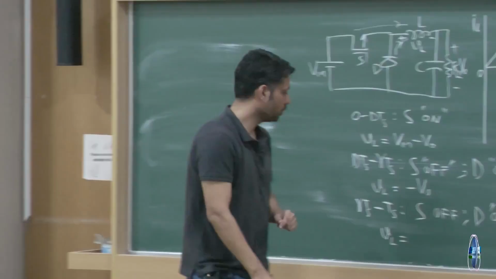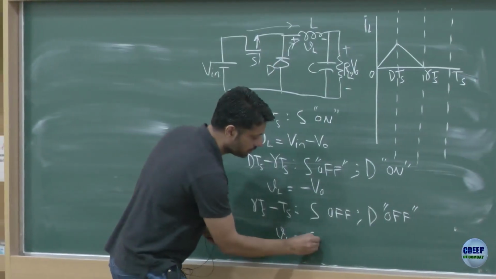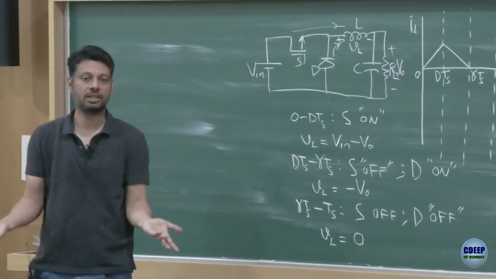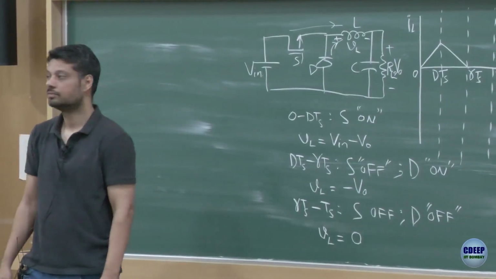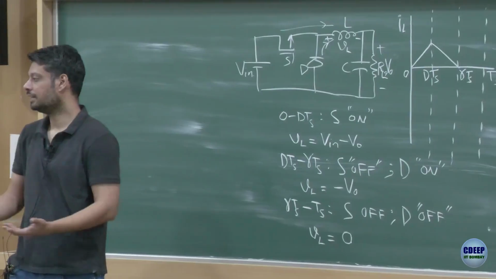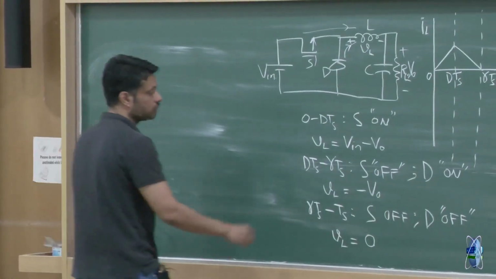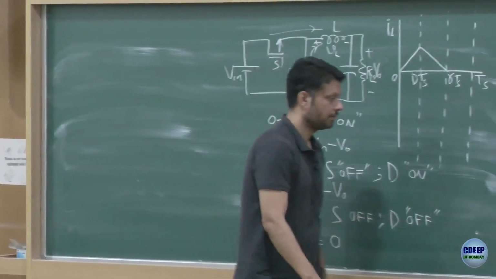Okay. Voltage across the inductor is 0, because there is no current, there is no di by dt, nothing, so voltage has to be 0, right? Okay. So we have 3 conditions here.